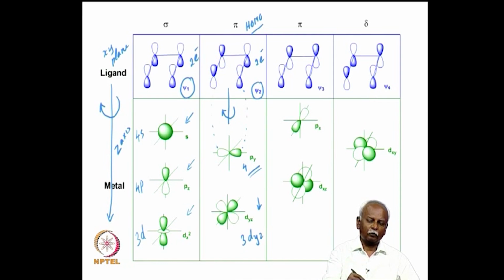These two lobes have got perfect overlap now. So, you have a nice overlap here and a nice overlap here that is stabilizing, and you will break this if you rotate the metal with respect to the butadiene. So, this is the pi type molecular orbital that you generate.